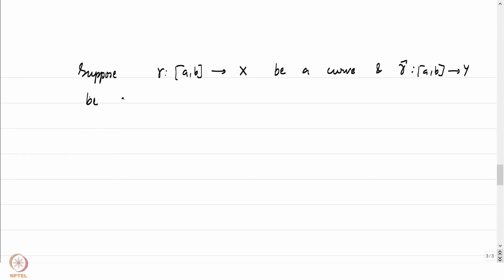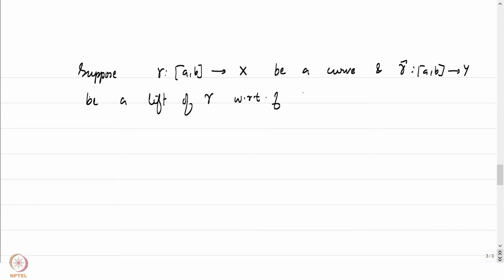So suppose gamma from, say, [a, b] to X be a curve, and gamma tilde from [a, b] to Y be a lift of gamma with respect to f. So the setup is as earlier, I am not rewriting it.